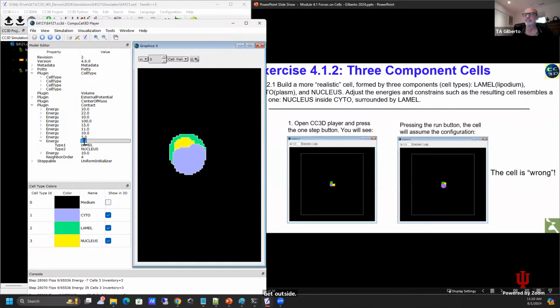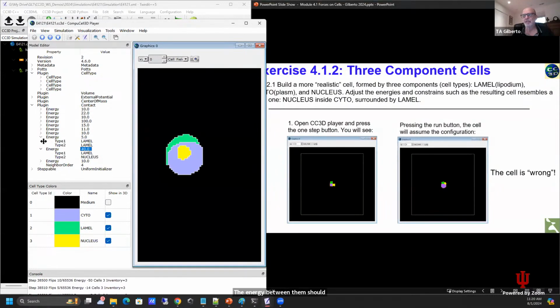But playing with those values here, of course you have a guess from the beginning of which value you should have. For example, if you want the nucleus to be inside the cytoplasm, then the energy between them should be smaller, because nucleus likes cytoplasm.